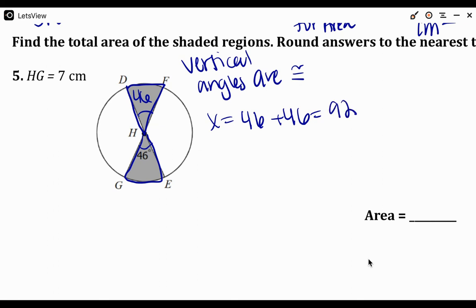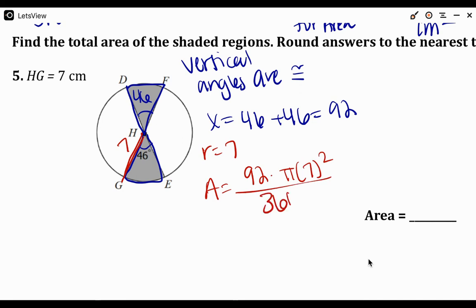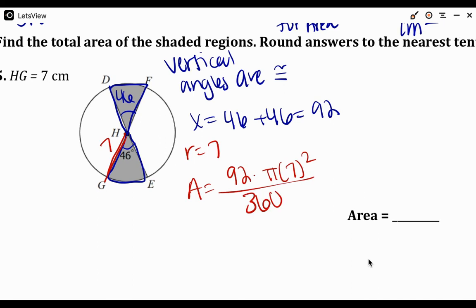HG is our radius right here, so r is 7. Plug it in: area is equal to 92 times pi 7 squared all over 360. Plug that in our calculator, we get 39.3 centimeters squared.